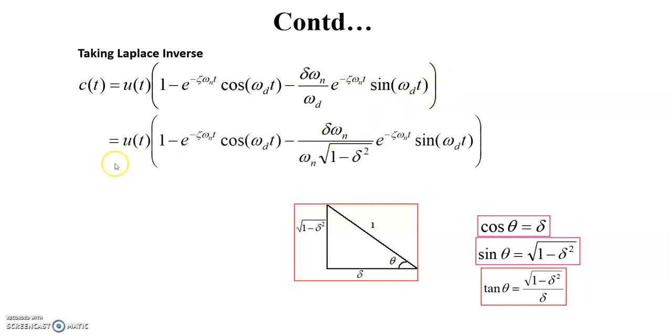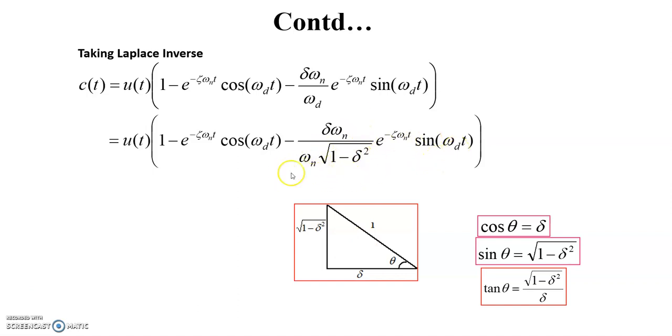Okay, so c of t is equal to u of t into 1 minus e power minus zeta omega n t cos omega d t, minus zeta omega n divided by omega d, where omega d is omega n into root of 1 minus zeta square, e power minus zeta omega n t sin omega d t.